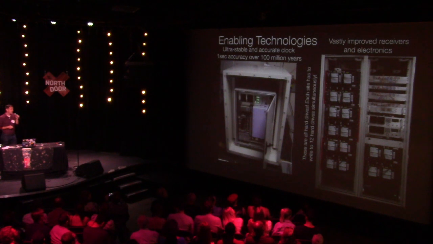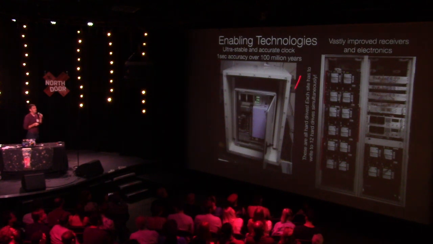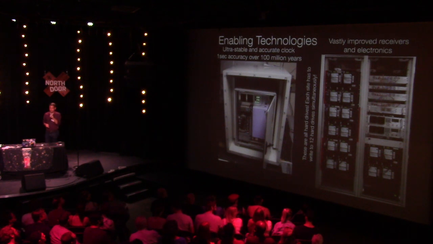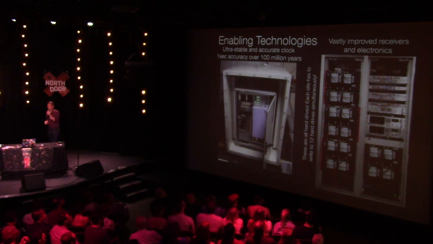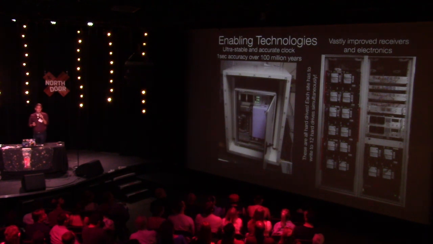And the other key piece of technology is that we've really improved our electronics and the ability for us to gather the light from our telescopes. So all of these white boxes here that are actually just stickers on top of black boxes, these are all hard drives. When the Event Horizon Telescope is recording actual data, every single site has to write to 8 hard drives simultaneously just in order to keep up with the amount of data that's coming in.